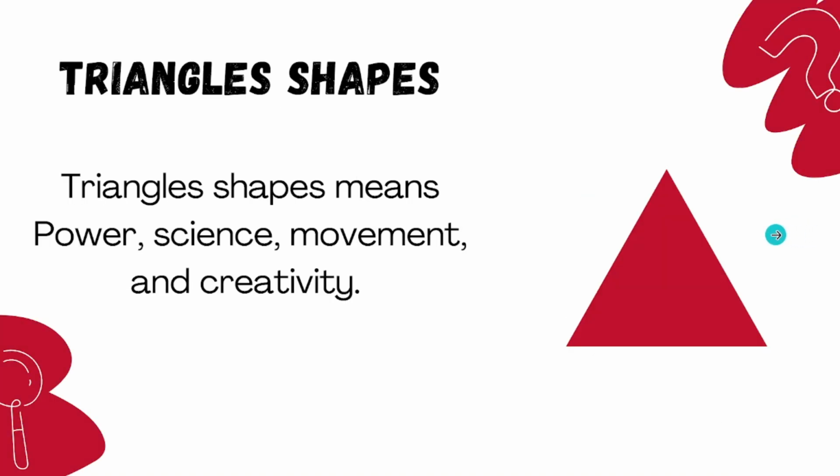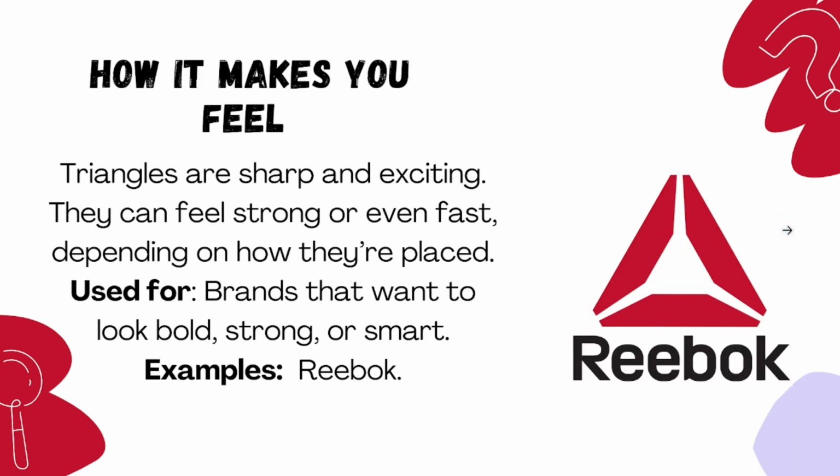The next shape we'll be looking at is the triangle. Triangle shapes mean power, science, movement, and creativity. How does this triangle shape make us feel? Triangle shapes are exciting. They can feel strong or even fast, depending on how they are placed.